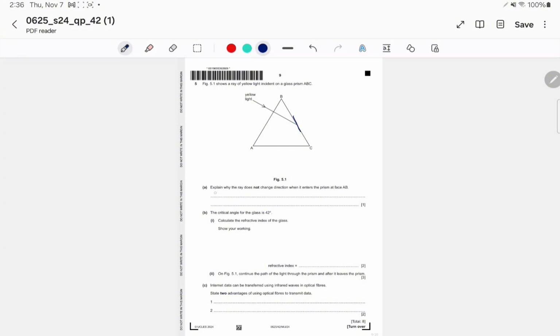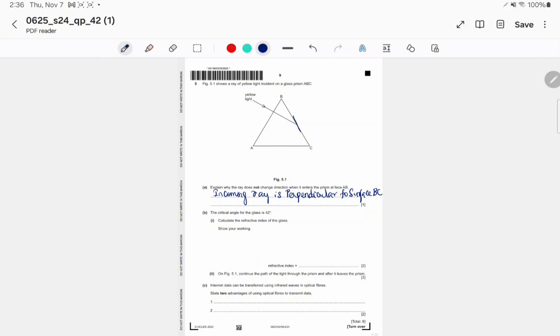So we will write: the incoming ray is perpendicular to the surface BC.